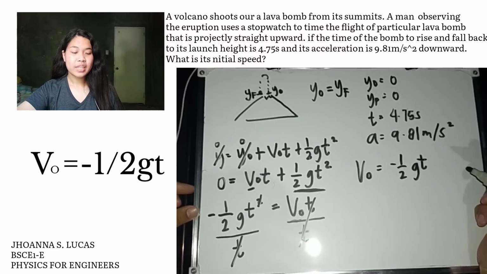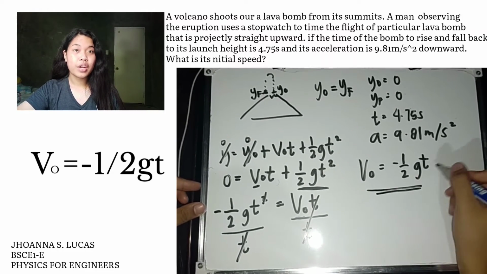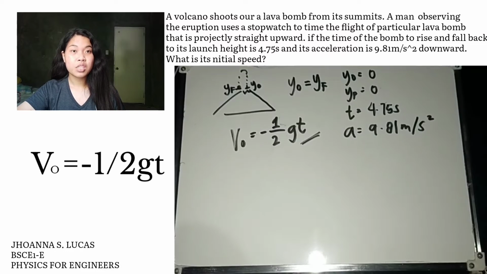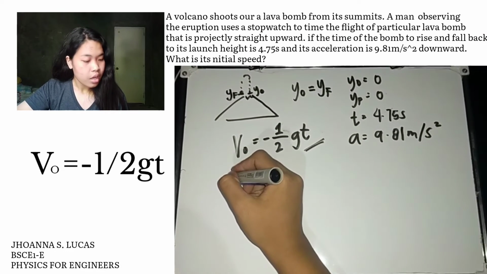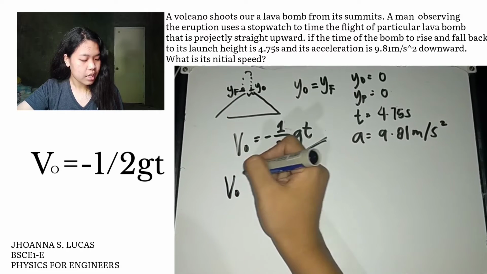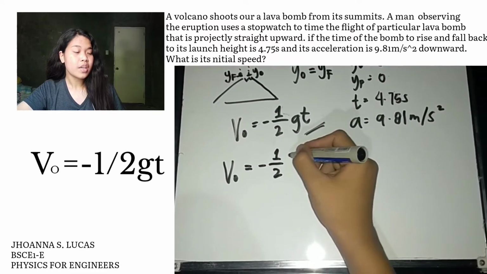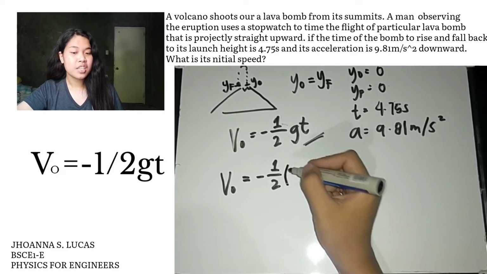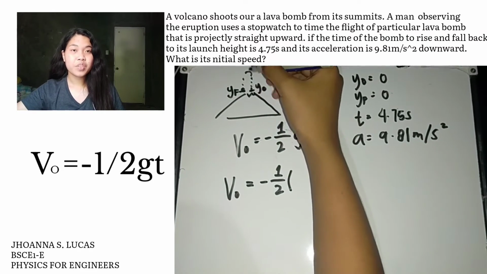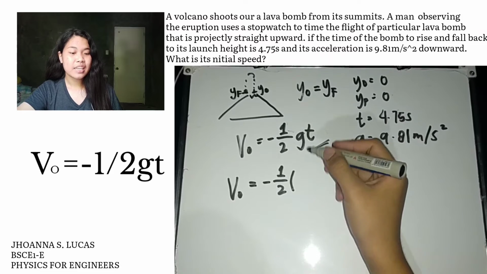Since we already know the equation for initial velocity, we can now substitute our given. So, initial velocity is equal to negative 1/2 times the gravity. Since it is upward, our gravity is negative.